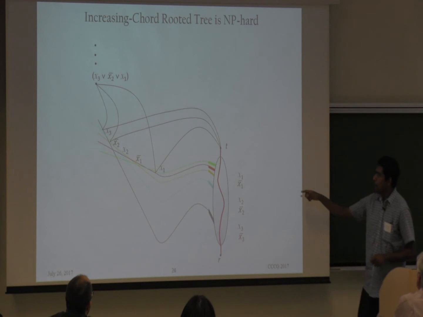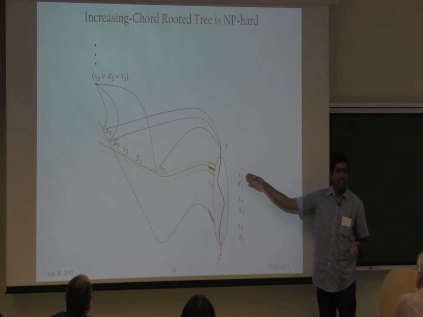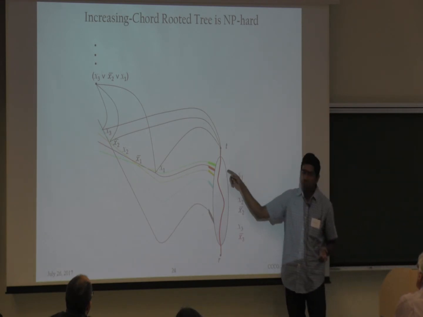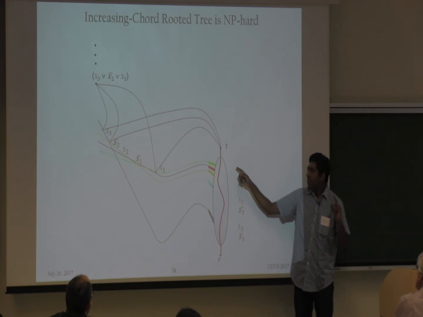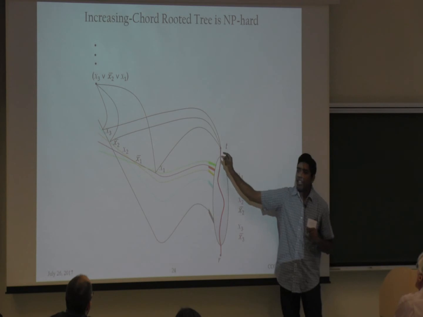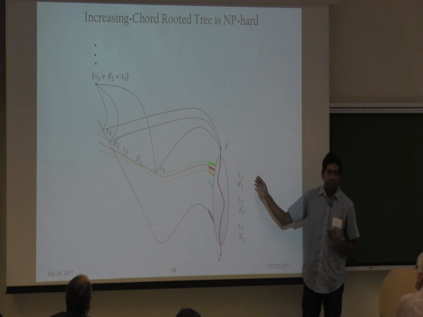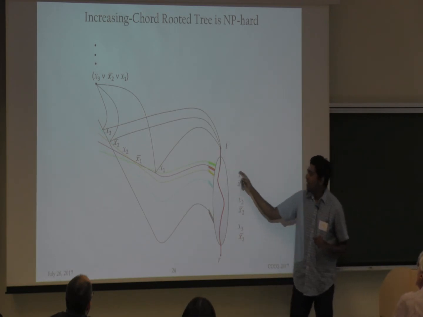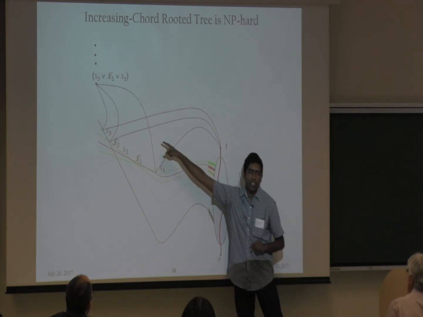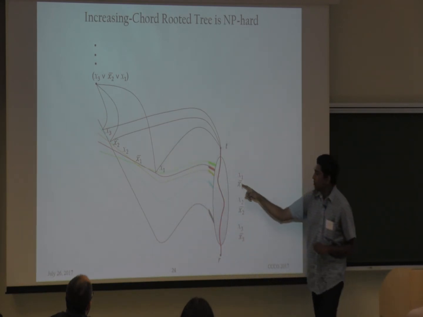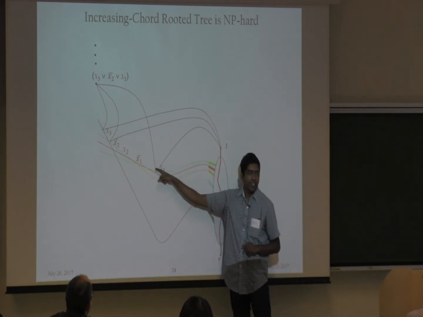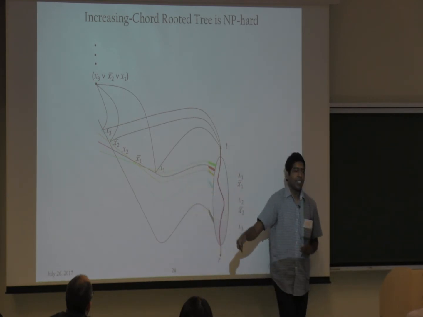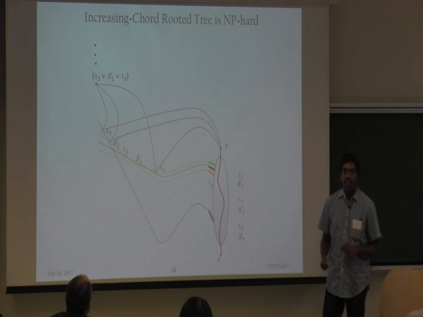Now if I choose, say, x1, then I choose the edge corresponding to x1, and if you remember, if we look at the perpendicular projection of the edge, then that would intersect some of these edges over here. So for example, if I choose x1, this green one will be selected, and I cannot go past x1, because in that case that will not be an increasing chord path.